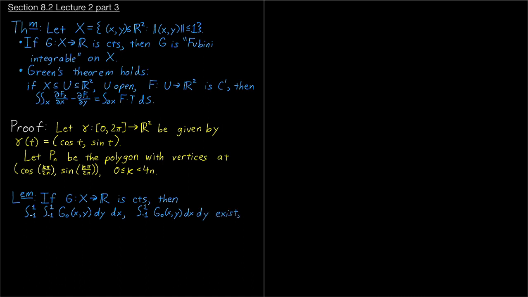Where G naught is as usual the extension by 0.